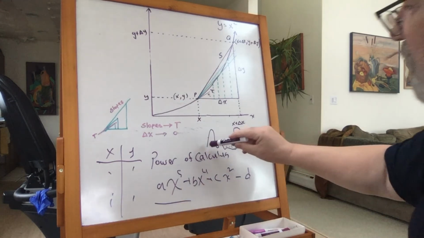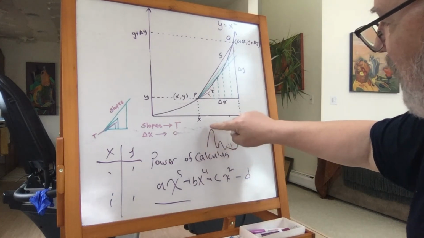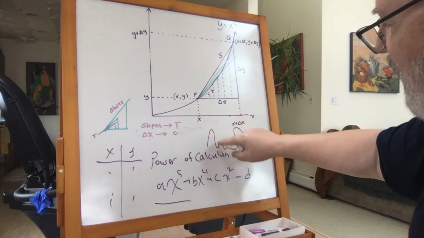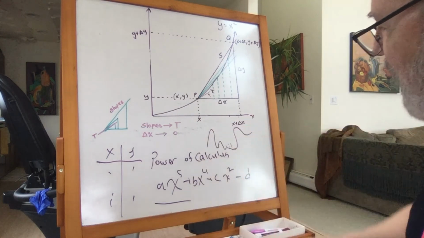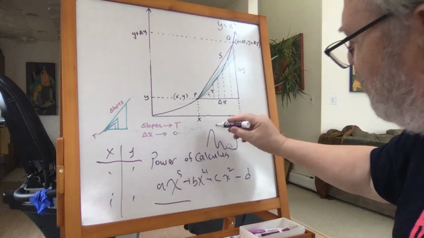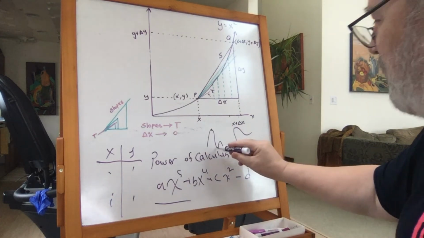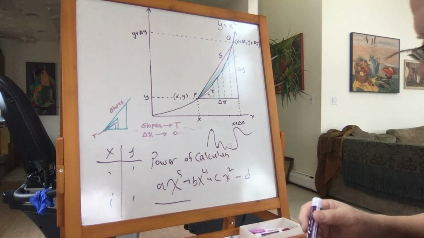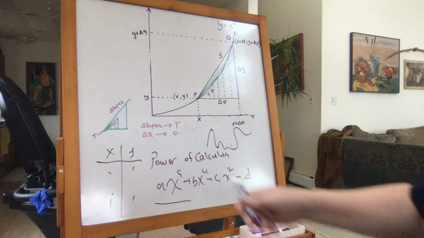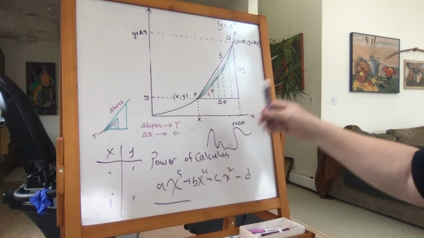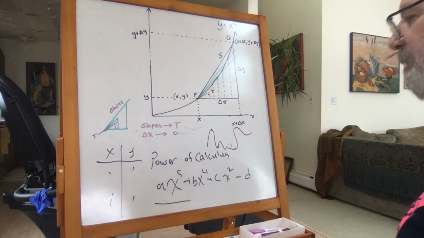So where a curve changes, okay, we're going up there, we're going down here, that point at which the curve changes from up to down, that's called the inflection point, or down to up, that's an inflection point. And we're going to be able to use calculus to find these inflection points.